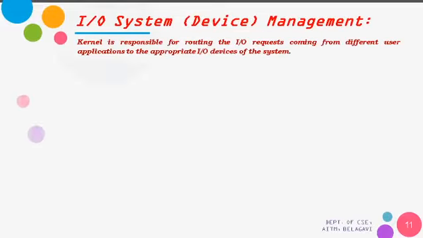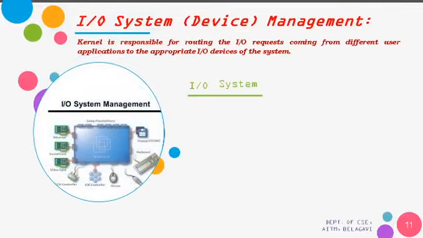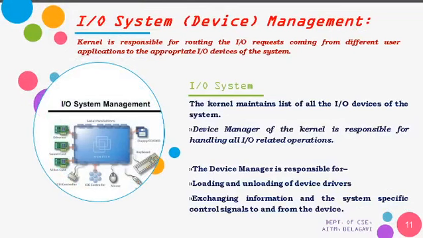Now coming to input output system management. The kernel is responsible for routing the input output requests coming from different user applications to the appropriate input output devices of the system.